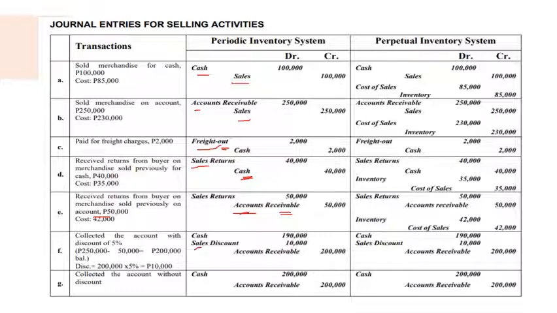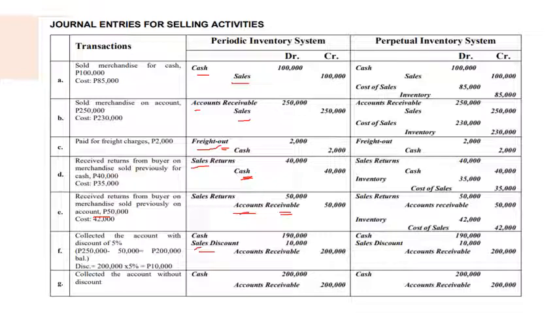If we collected the accounts receivable within the discount period, we allow for a sales discount. That would be debit to cash, debit to sales discount, and credit accounts receivable. The same process as with the purchase discount, we get the amount receivable left and multiply that with the appropriate discount rate.